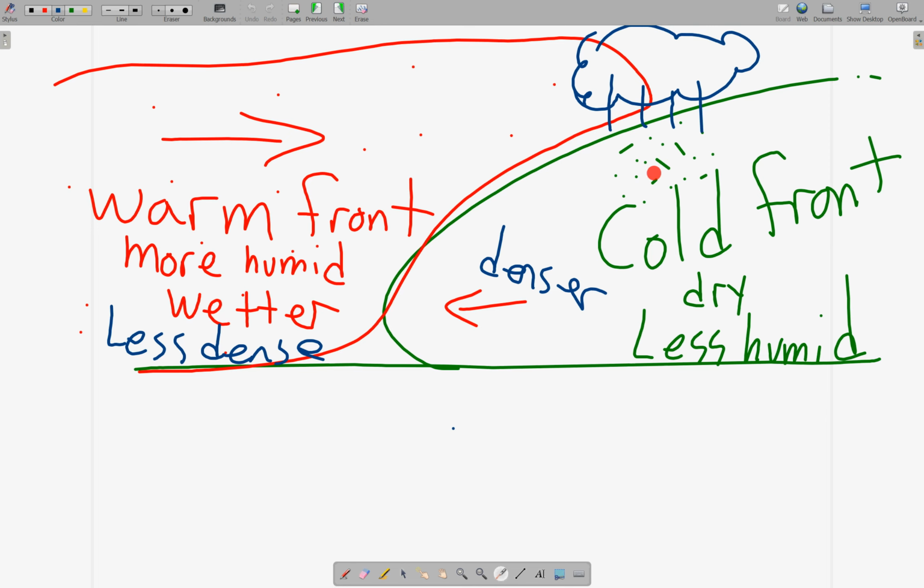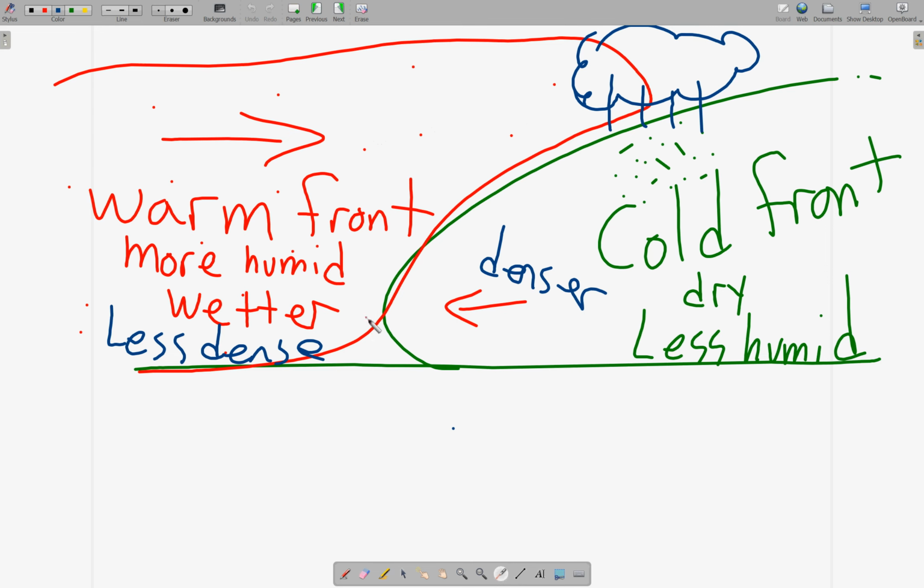And they're more dense, so they tend to be closer to the ground. Warm fronts might very well start near the ground, but they're more humid because the air molecules are so far apart that there's more room for water vapor to join them, right? And they're less dense, again, because the air molecules are so far apart.